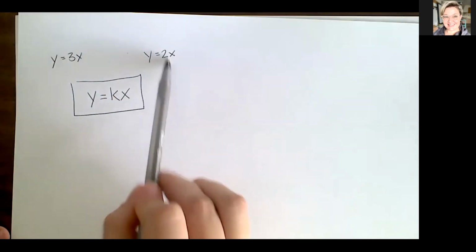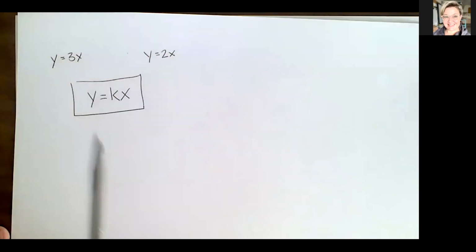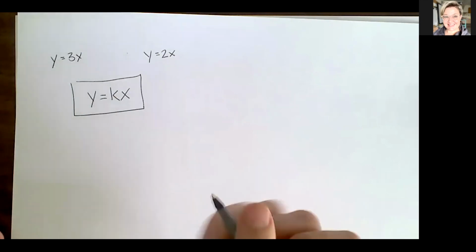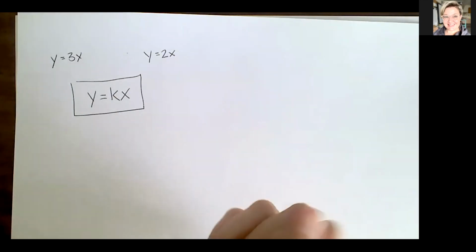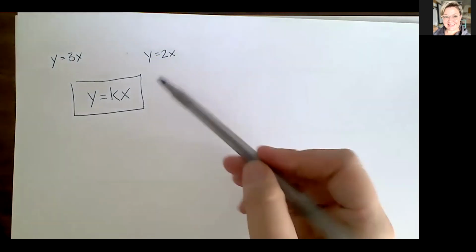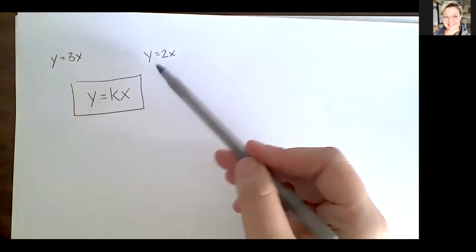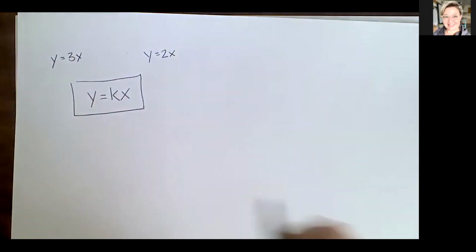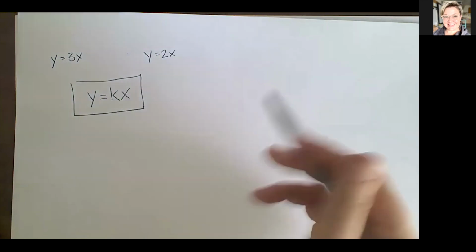Y equals 2, or k, the number we're looking for, times x. So these ones are both written in the correct format, and they would pass through the point 0, 0 and continue on proportionally, because for each number on the x-axis that we keep moving forward, we just would keep multiplying that number.